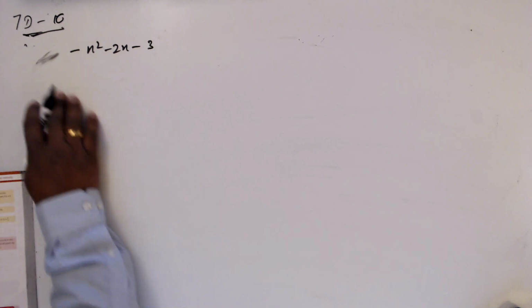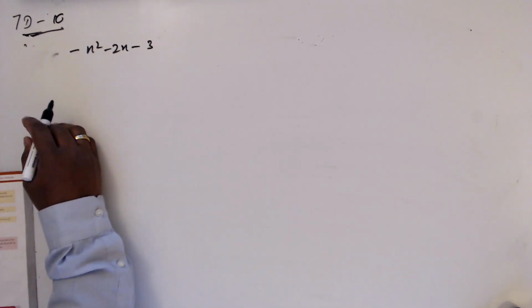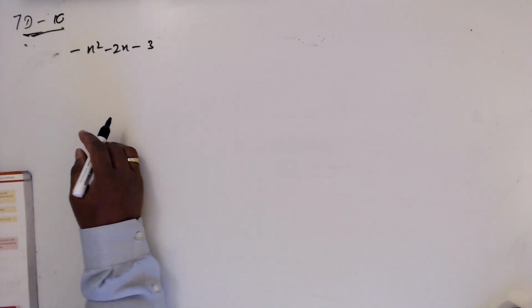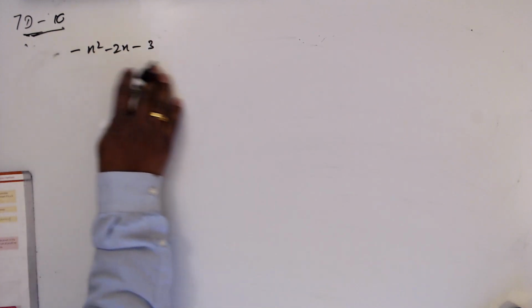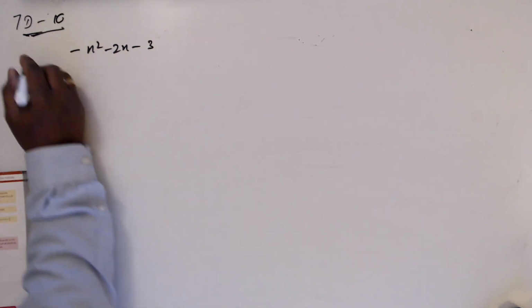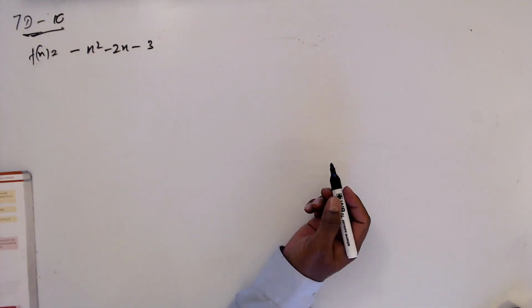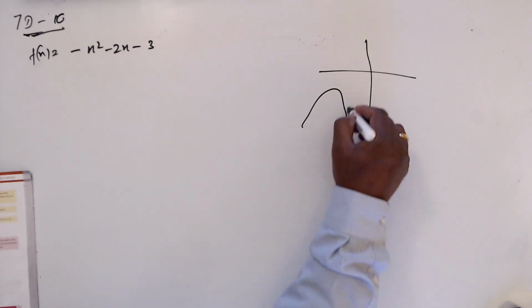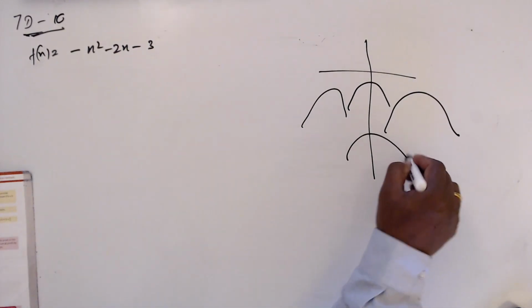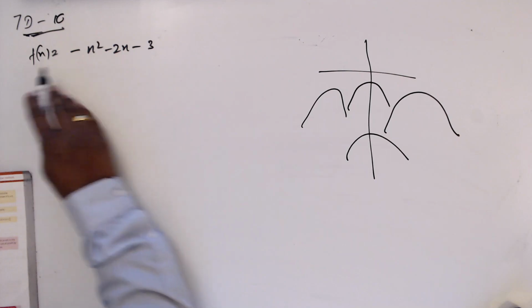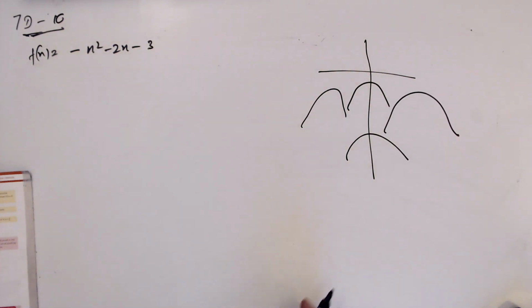Question number 10, we want to show that this is negative for all values. Okay, if I take f(n), and if you show the graph, I believe it is something like this, or something like that, but all f(n) values, y values, should be negative.